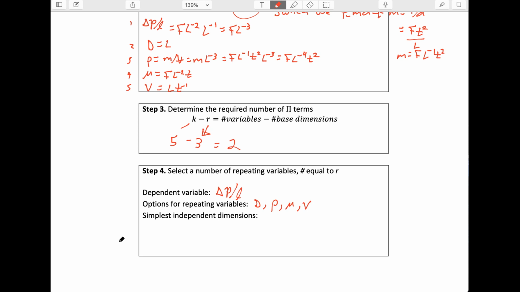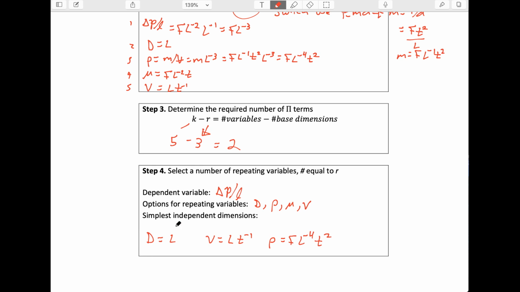What we want to do is pick the simplest set of independent dimensions that we can find. And so, for example, the diameter gives us a length. The velocity gives us a length per unit time, so that brings in the time. And then the density gives us FL to the minus 4 T squared. So what's interesting about this, right? The diameter is kind of a variable that represents our length.